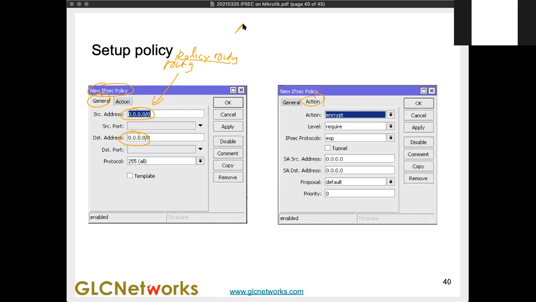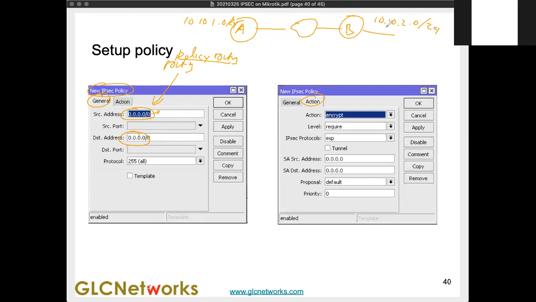Okay, so again, I put this is router A, this is router B, and this is the internet. So for example, this is 10.2.0/24, right? This is 10.1.0/24, right?